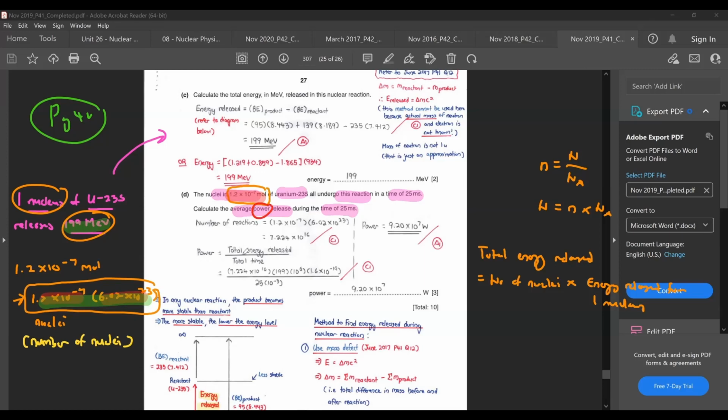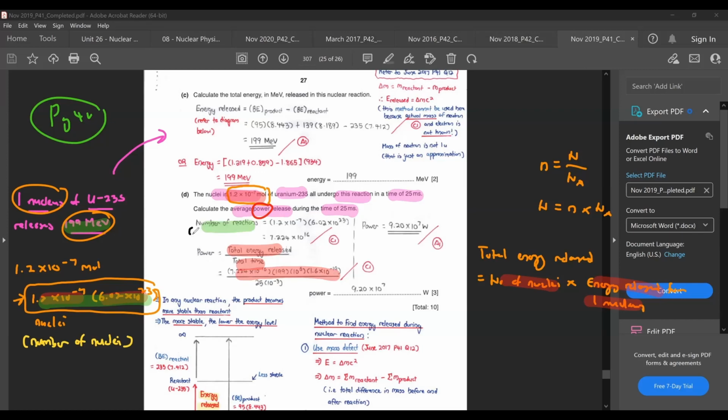Power, we know, is total energy release over total time, right? So before we can find the total energy release, you need to find the number of nuclei, multiply with the energy release for one reaction, so for one nucleus, that gives you total energy release. This is what you're going to get.